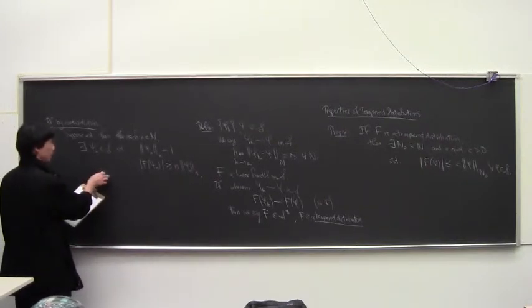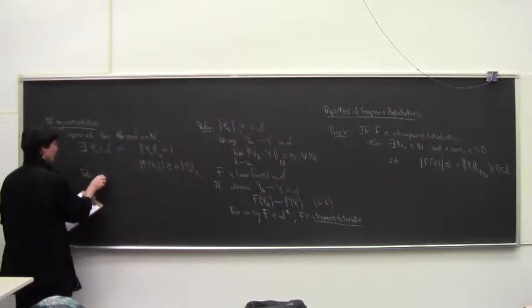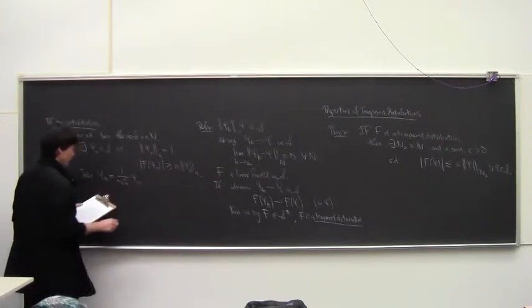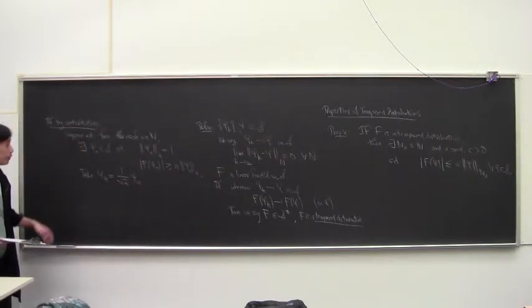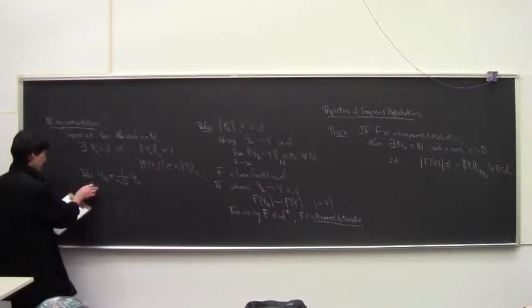Okay, so in that case, take phi sub n to be 1 over root n times psi sub n, and you see that you reach some sort of contradiction.